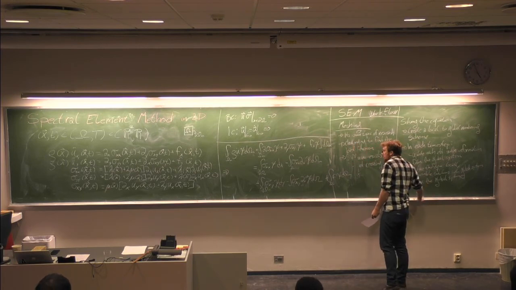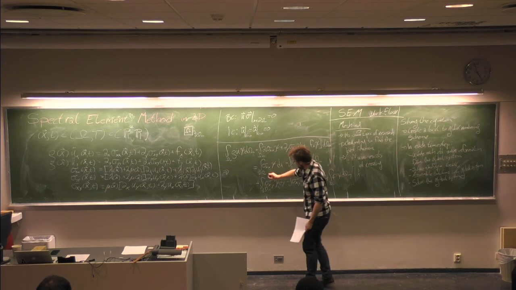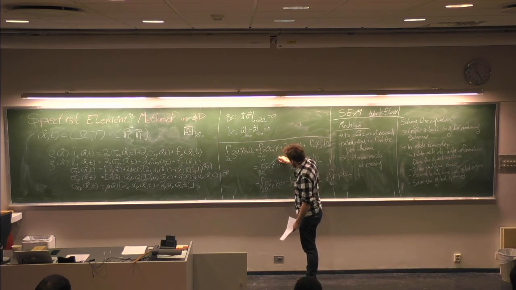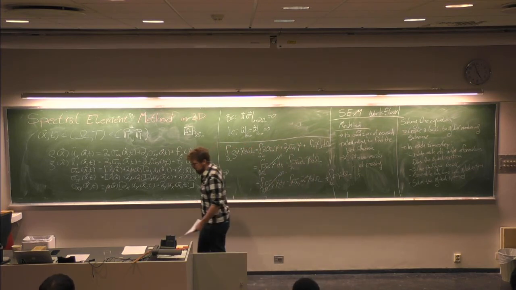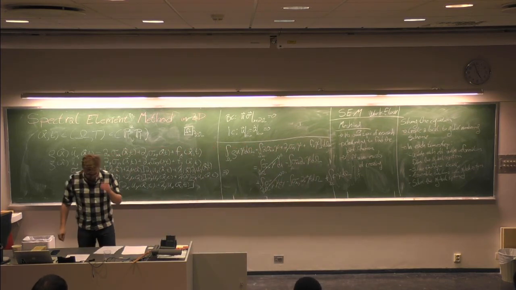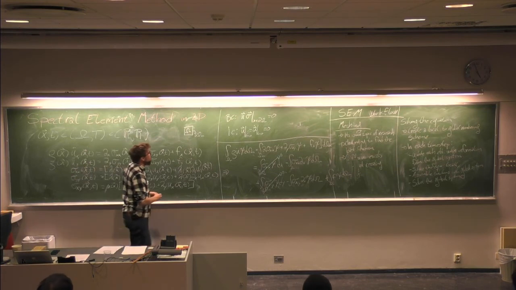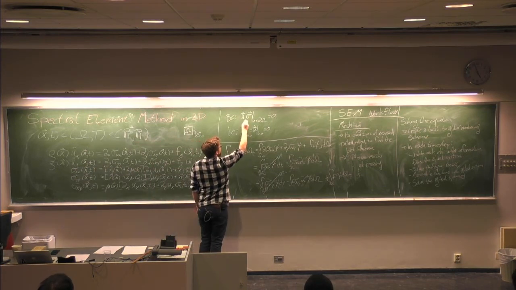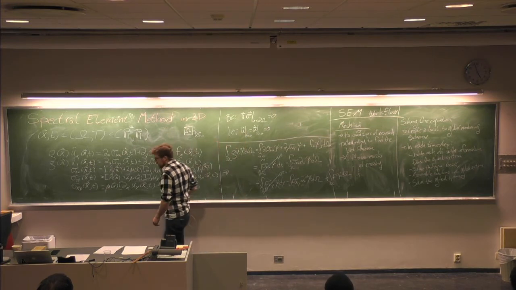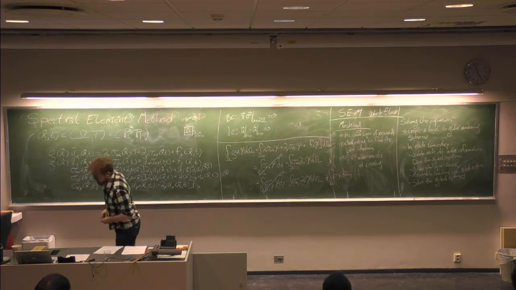And then in a similar fashion, this one will be 0 and this one will be 0. Why? Well, because of this. So this n here, that's the surface normal.